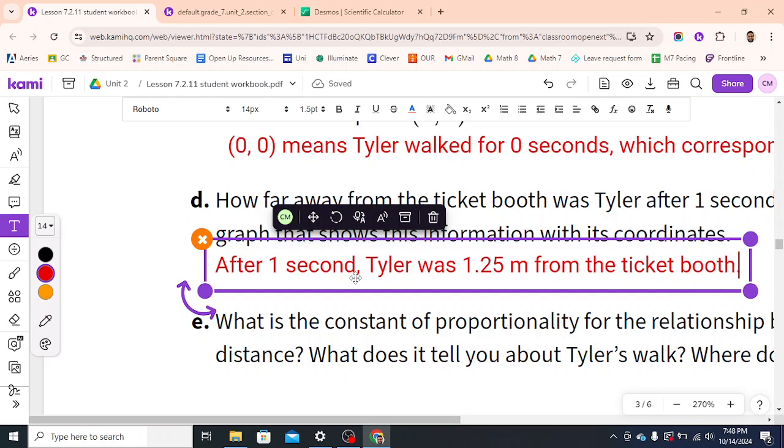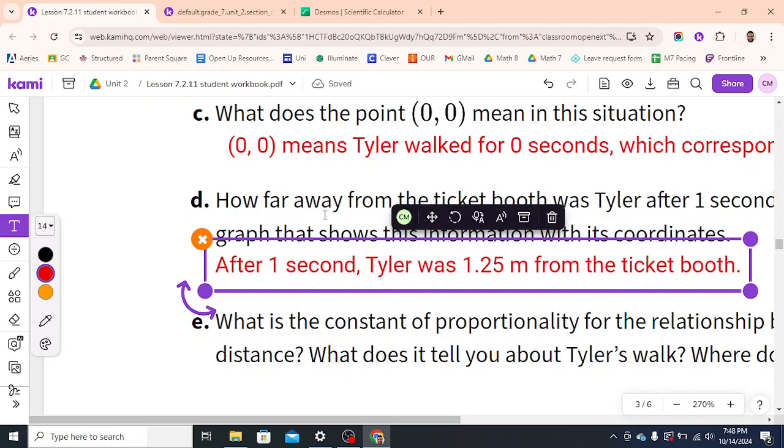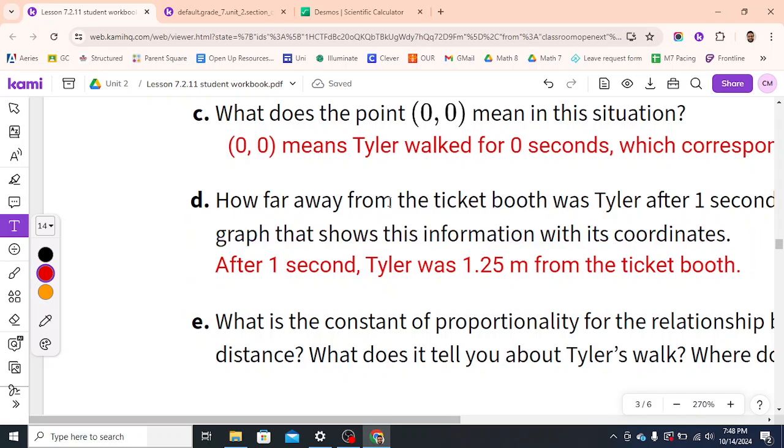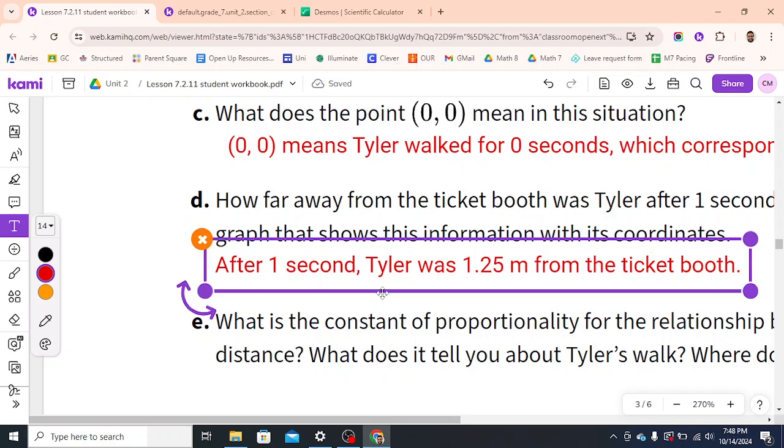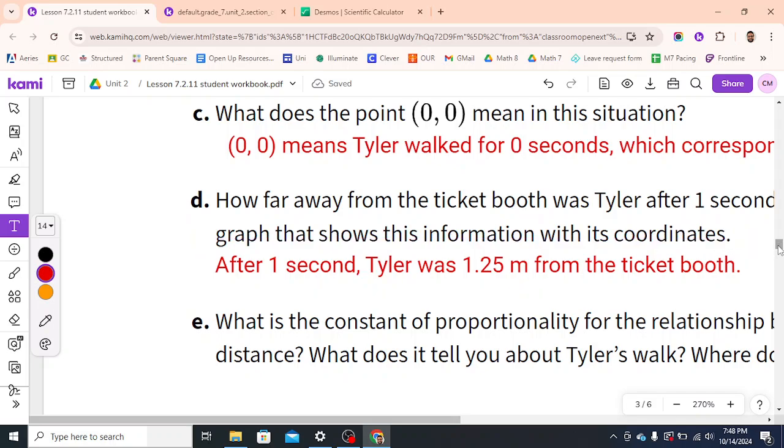So remember the origin, the (0, 0), the starting point, the beginning, that's where Tyler's journey started at the ticket booth. So that's what (0, 0) represents. After just 1 second, he was barely, it's like 1 step, 2 steps maybe.